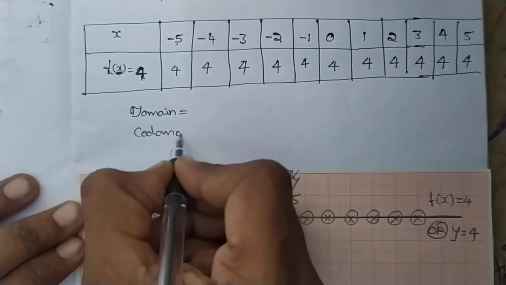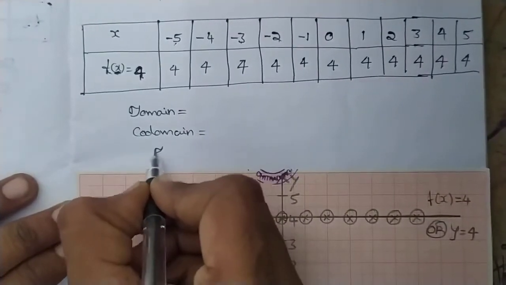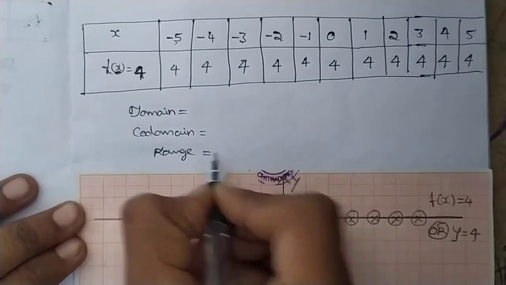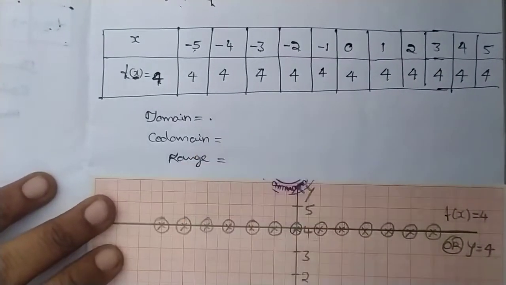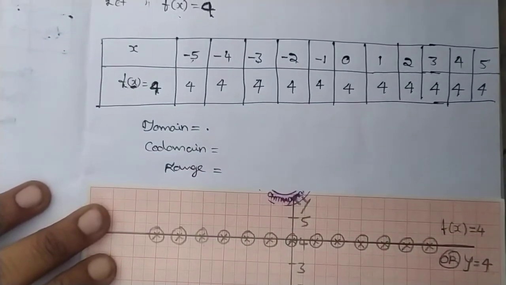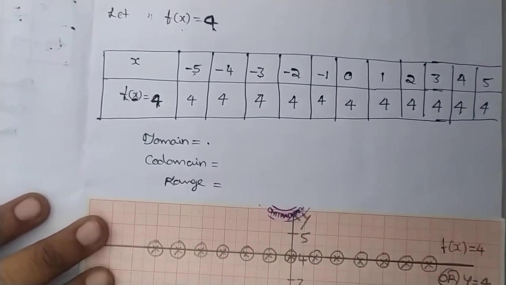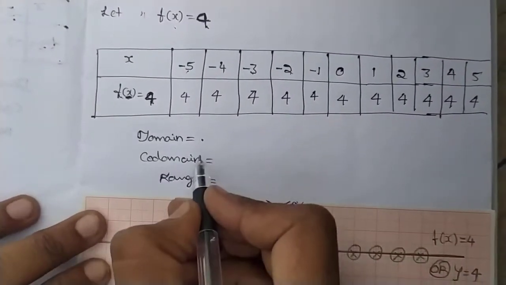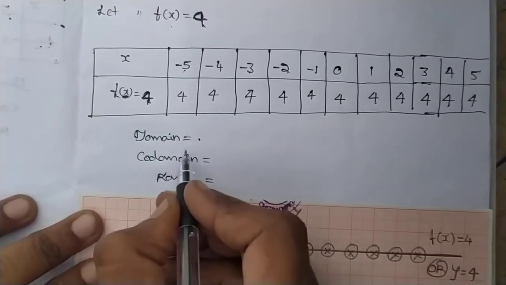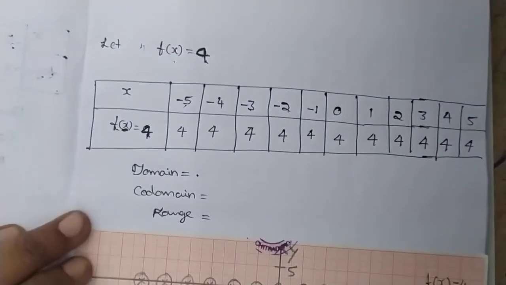Domain is what? Codomain is what? What about range? I already told you in our previous function, the identity function. What about the domain, codomain, and range?